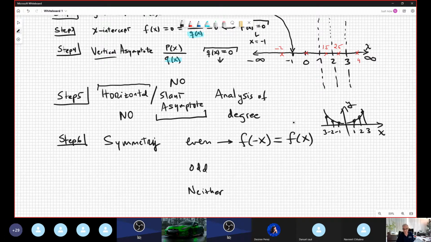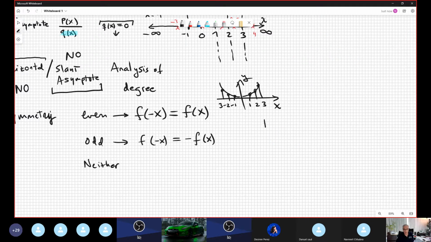And I also save time if it's odd, because when you replace x with negative x, you get the opposite sign. So this is symmetric with respect to the origin. When this situation happens, suppose the curve looks like that. This is 1, this is 2, this is 3.